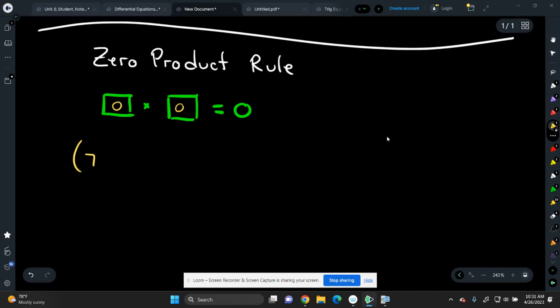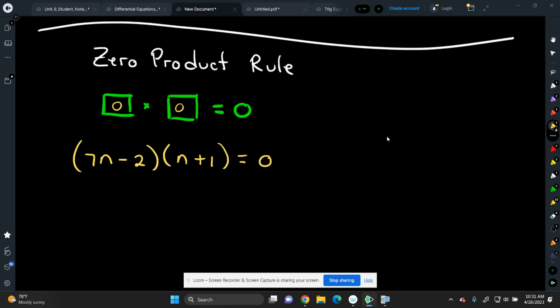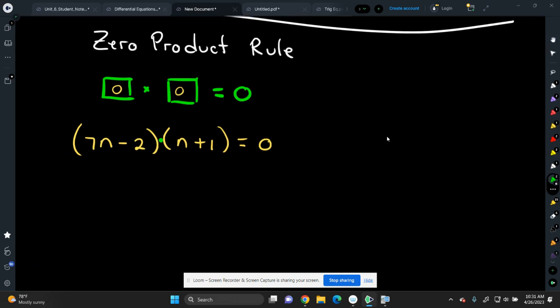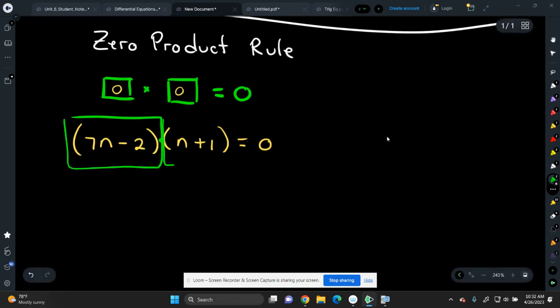So if we look at a factored equation. And we learned how to factor earlier this year. Okay, we look at something that's already factored. This is two things that are being multiplied together, right? So I've got one right here, and then here's another thing right here.